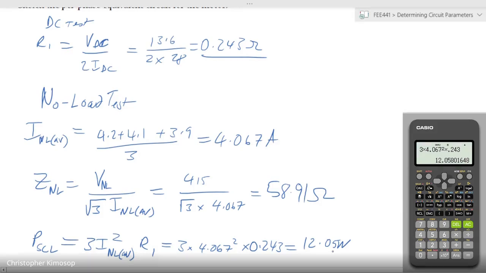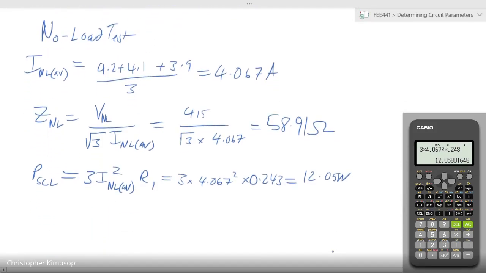Now, these will vary. However, what we can use from this is our rotational losses. Remember, we said the input power in this particular test represents our air gap power.